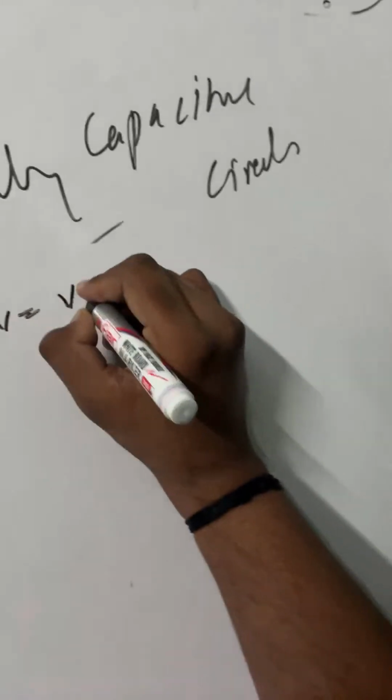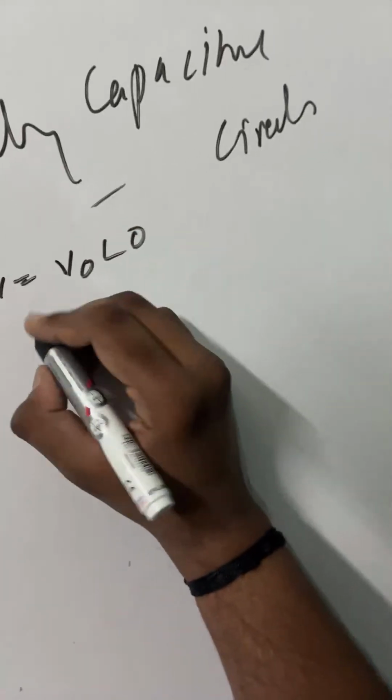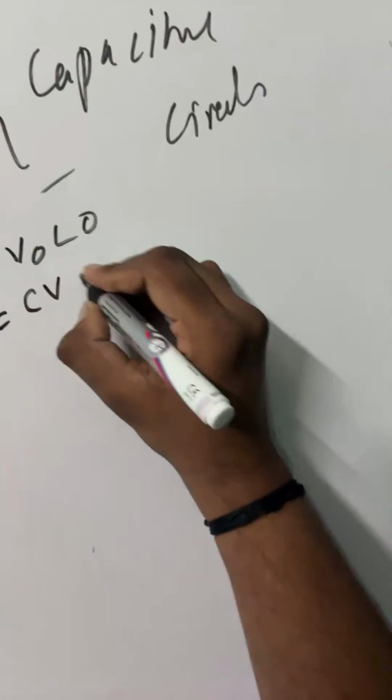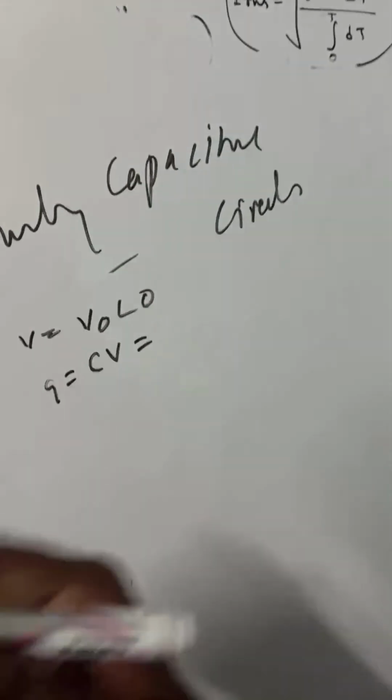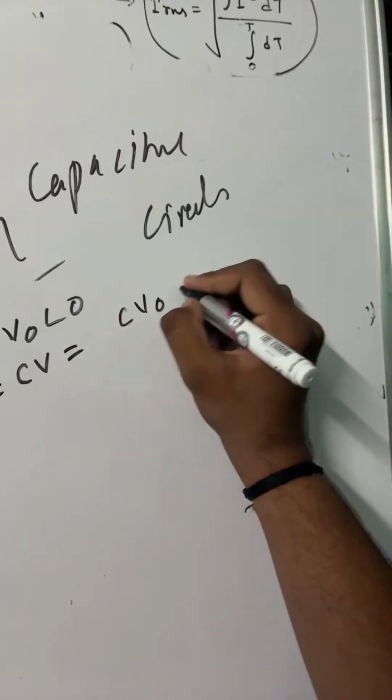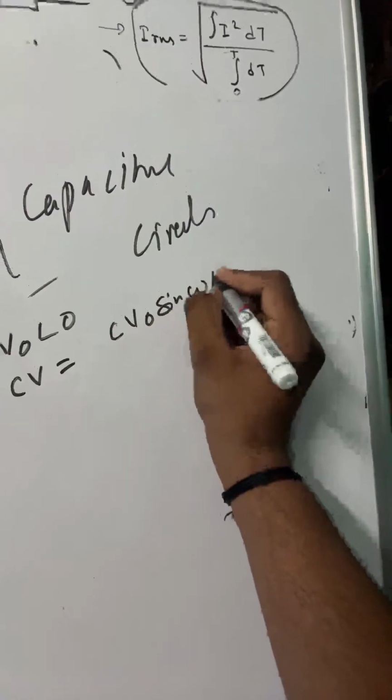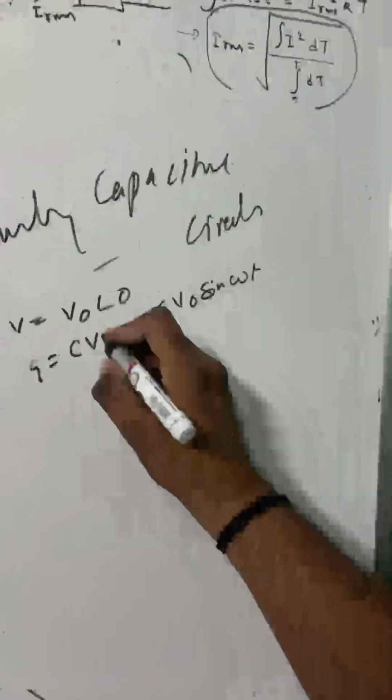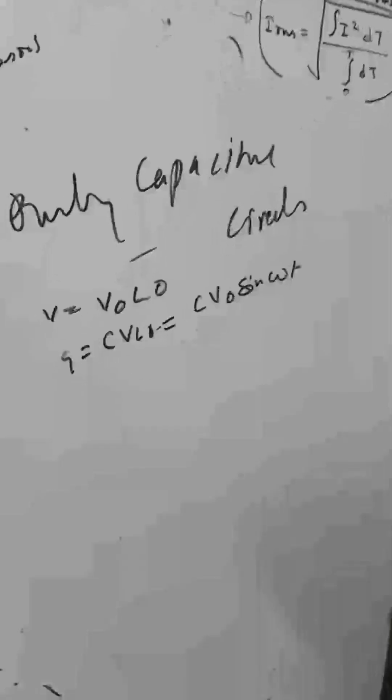So here I am writing it. V will be equal to V naught angle 0. Q will be CV. We all know the charge at the steady state. CV naught sine omega t. Sorry, CV naught you can write.